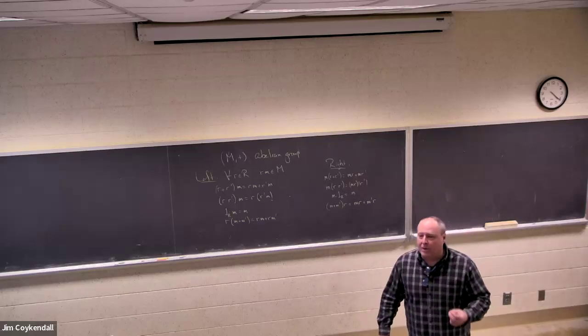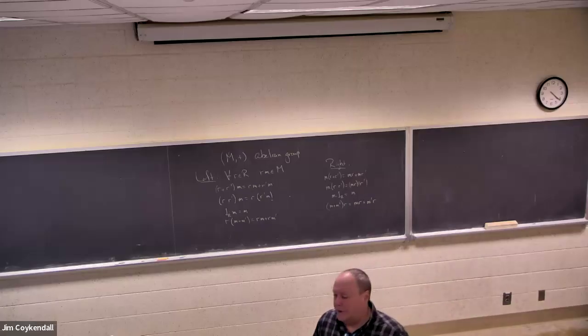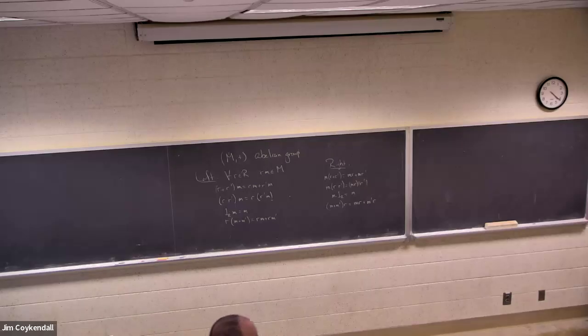Now, if a module is both a left module and a right module, we say it's a module, but there's no guarantee that R times M and M times R are the same thing, right? But you would want that to be true if R was the identity.